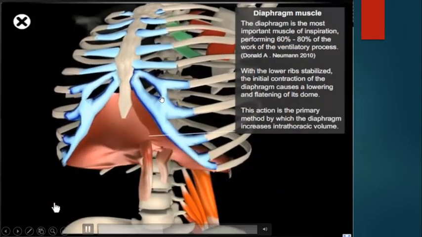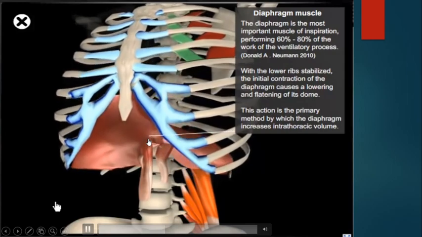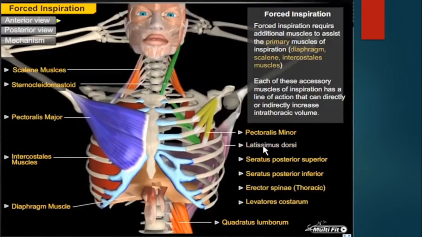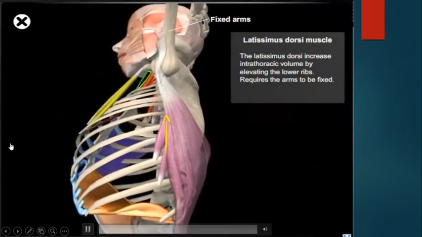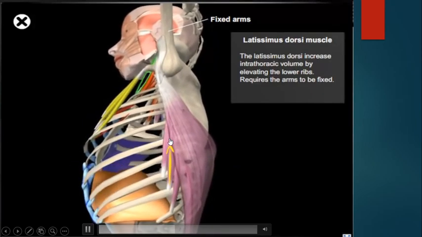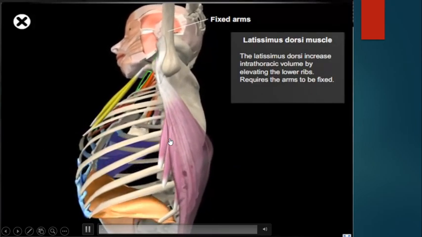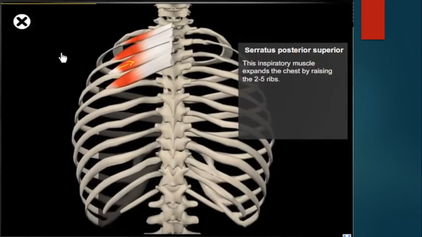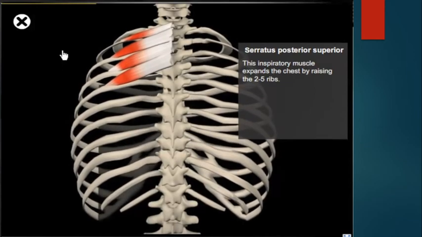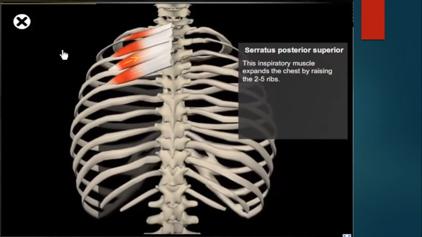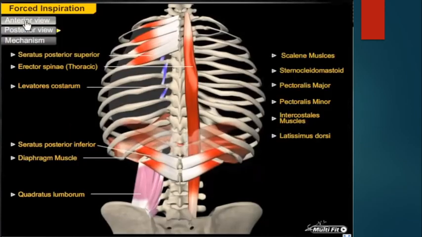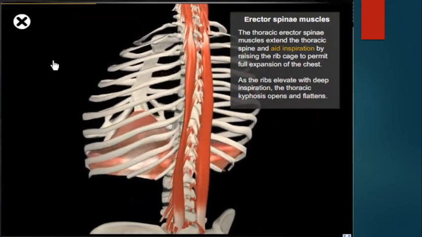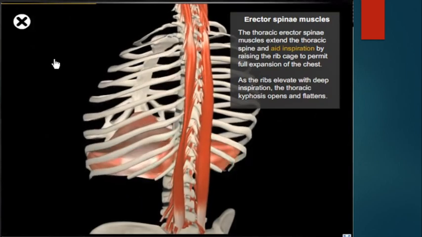Diaphragm: you look here, when it contracts, the size of the thoracic cavity increases. Latissimus dorsi. These are only for when forceful inhalation and exhalation are going on. At that time they play a very important role.